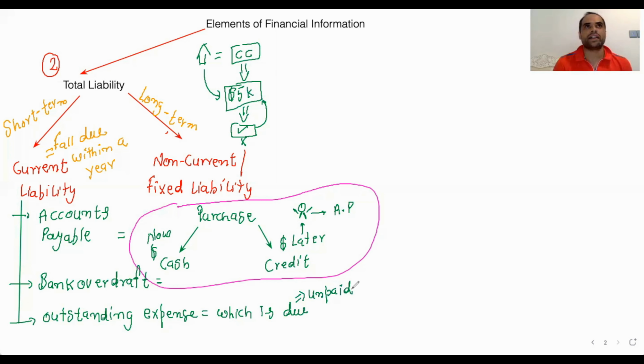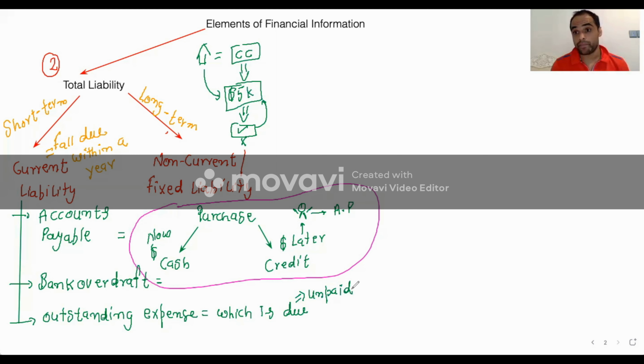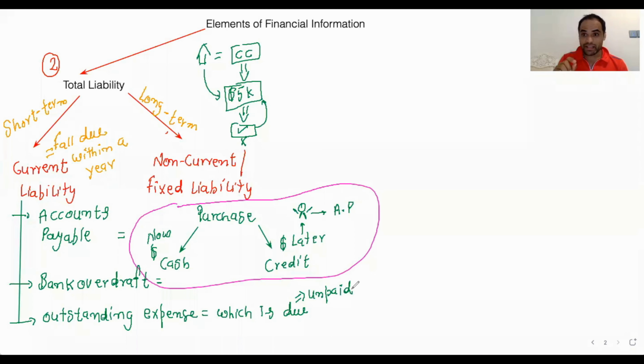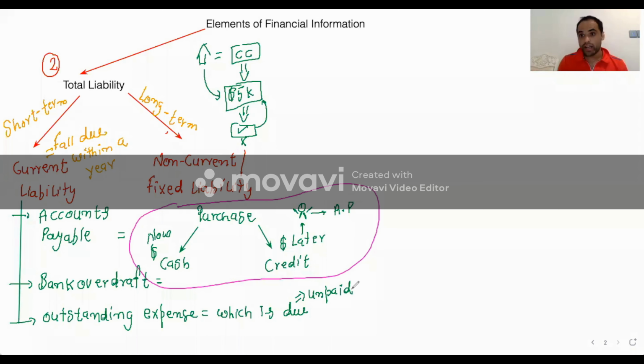Your rent due date was Saturday, but you didn't pay. On Sunday, when you prepare your accounts, your rent expense will be treated as a current liability. You were supposed to pay on Saturday, but Saturday is already gone. Your due date is already gone, but until now you haven't paid.